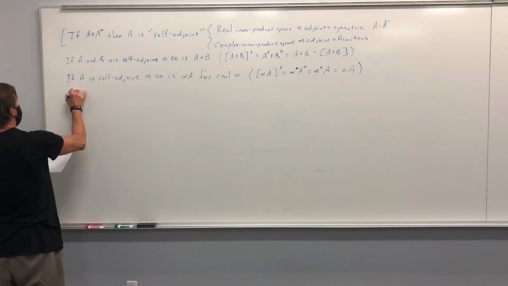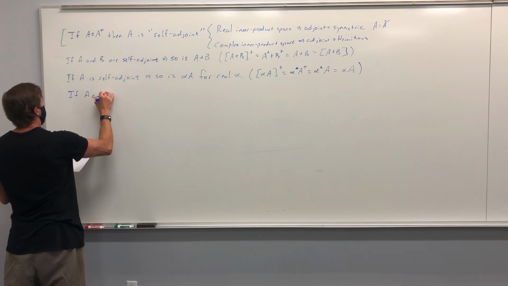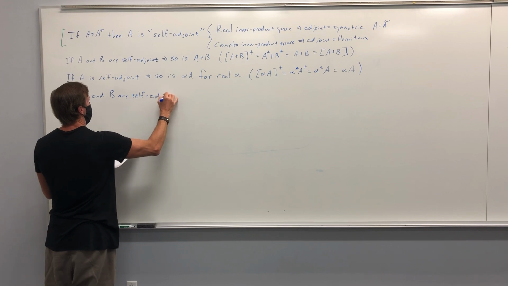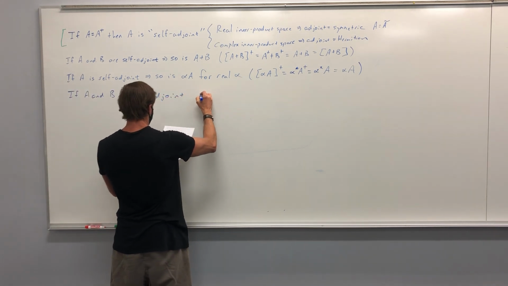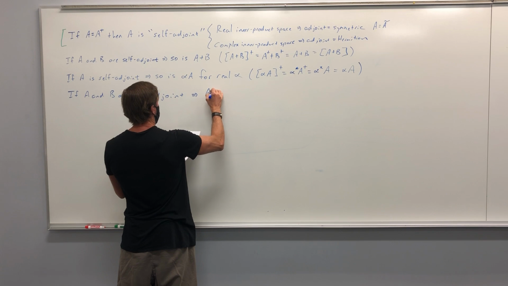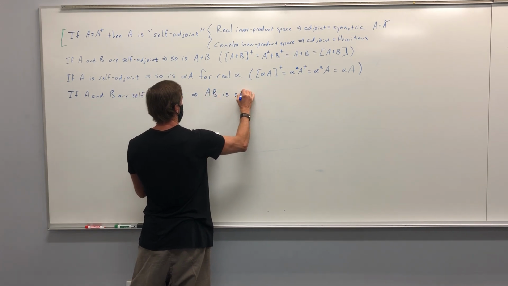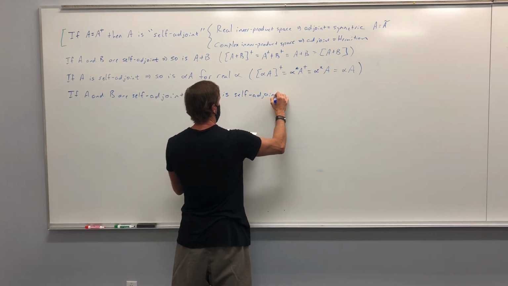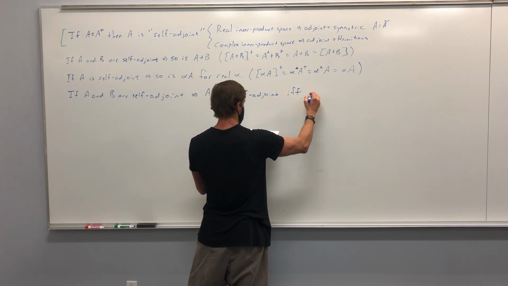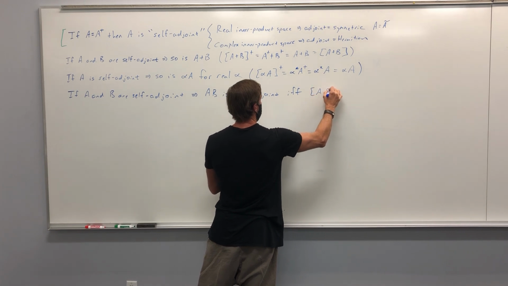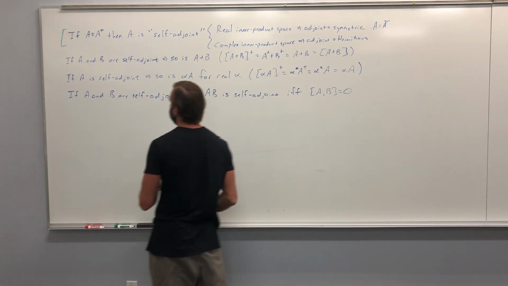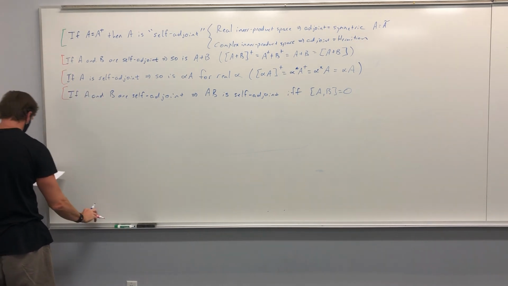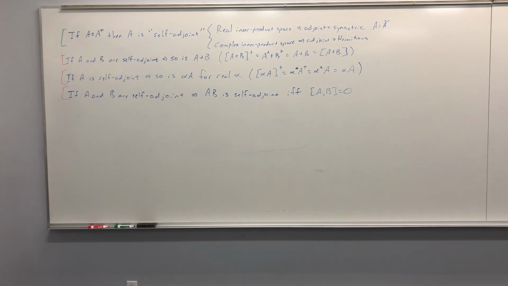And then last but not least, if A and B are self-adjoint, then AB is self-adjoint if AB equals BA.